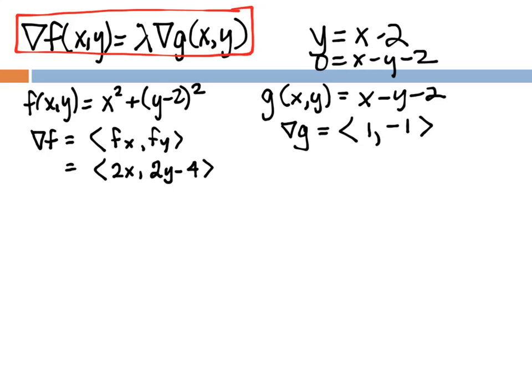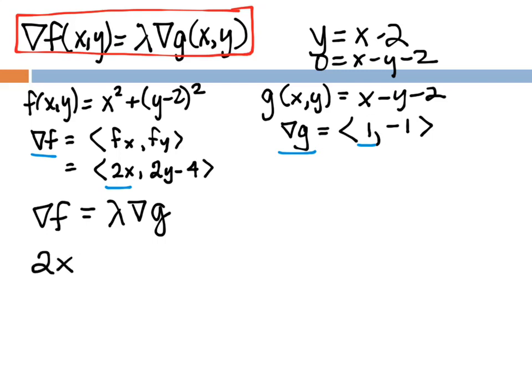In particular, the easiest thing to do is to do it component-wise. In order for this to be equal to this times lambda, each of the components equals each of the other components times lambda. So when I say the gradient of f equals lambda times the gradient of g, it's equivalent to having each of the components be that way.